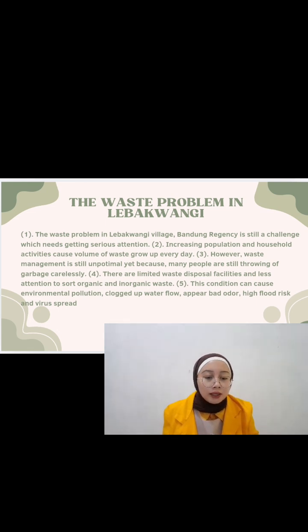And the second sentence until the fifth sentence is also the problem because it tells about the main problem: increasing population, household activities cause the volume of waste to grow every day, and then waste management is still not optimal, throwing garbage carelessly, limited waste disposal facilities, less attention to sorting organic and inorganic waste, and it can cause environmental pollution, clogged water flow, bad odor, high flood risk, and virus spread.